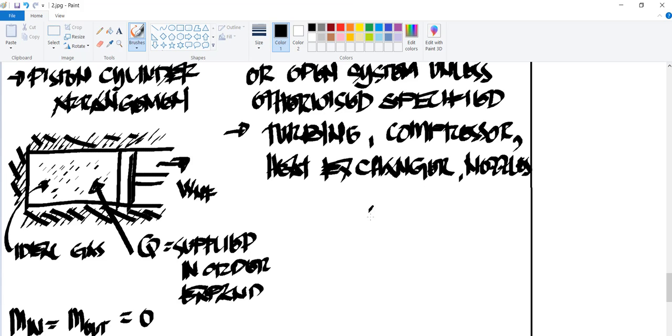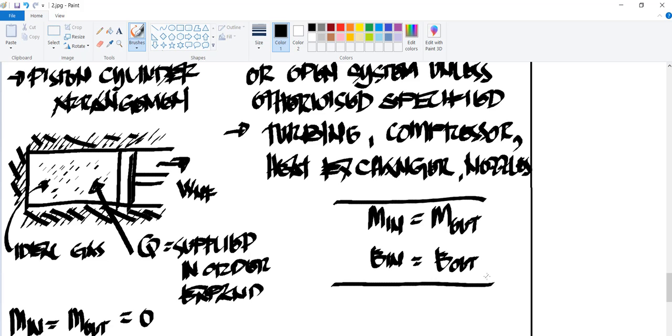So where your mass in and your mass out, and your energy in is equal to energy out. Okay.